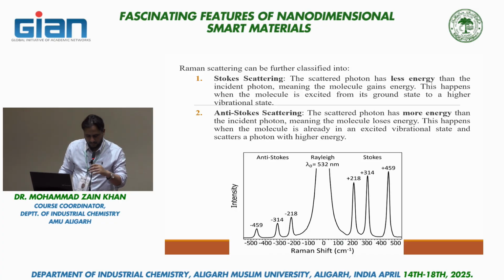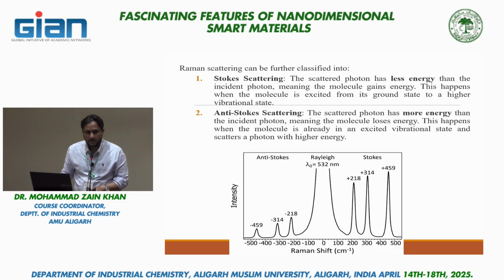So Stokes lines or Stokes scattering means the scattered photon has somewhat lesser energy than the incident photon, and it will happen when the photon of the incident light transfers its energy to the molecule, resulting in the excitation of the molecule. When molecules undergo excitation, they absorb energy from the incident radiation, resulting in the loss of energy of the scattered photon.